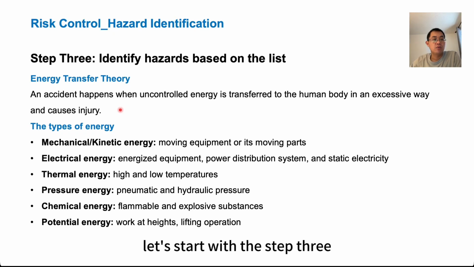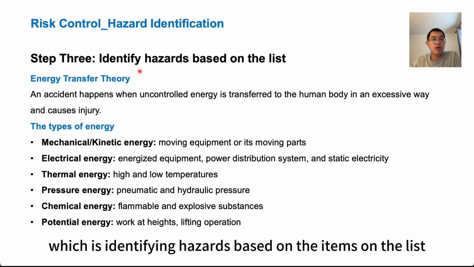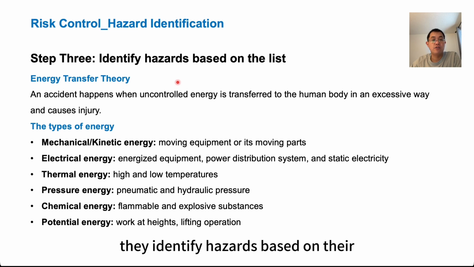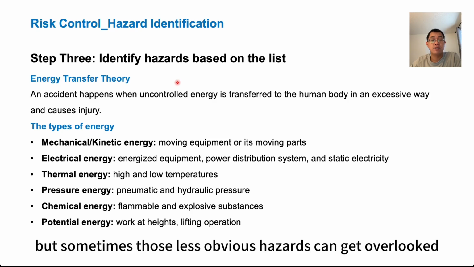All right, let's start with step 3, which is identifying hazards based on the items on the list. Most of the time, especially for our workers, they identify hazards based on their personal experience and common sense. That works, but sometimes those less obvious hazards can get overlooked.